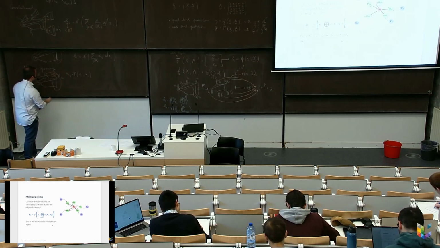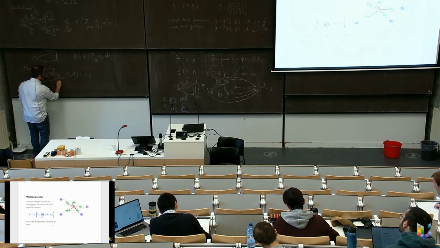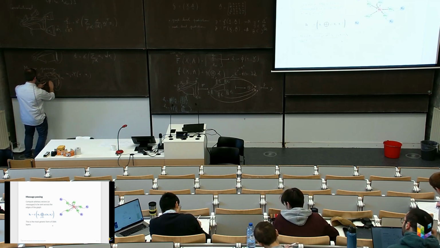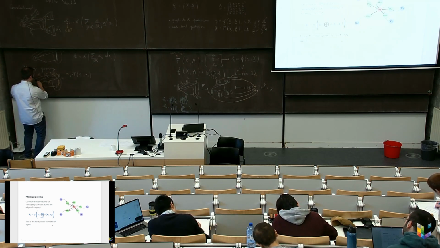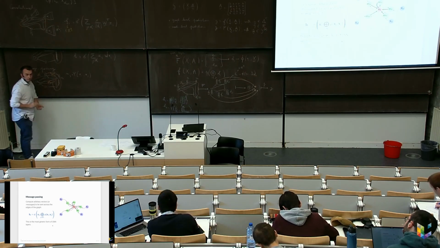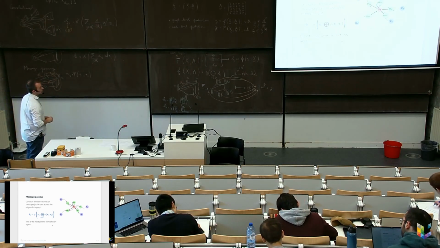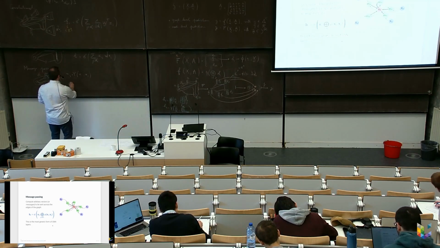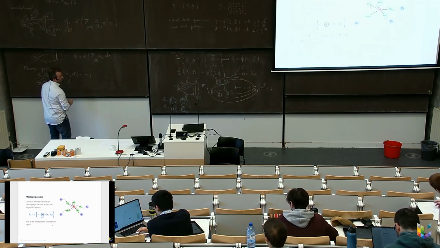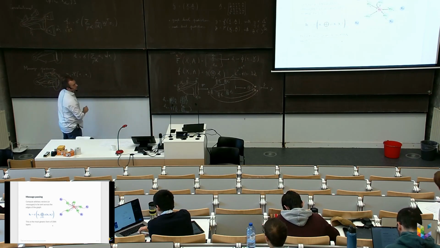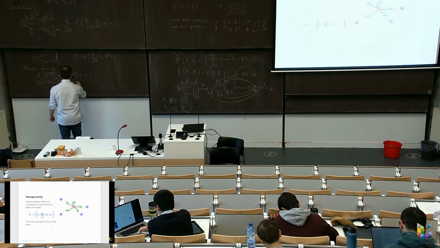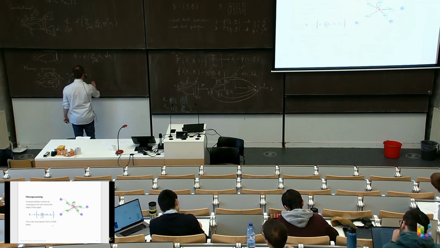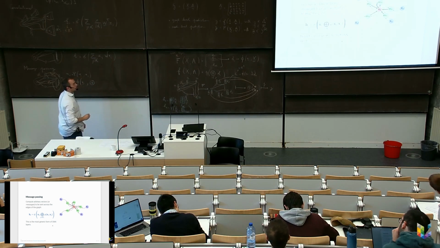Okay, so we do that for all nodes in the neighborhood. That gives us 3 messages in this case, and then we do an aggregation of these messages. And so we say that hi is equal to some function phi that takes as input xi and the aggregation of the messages through some operator which is permutation invariant.